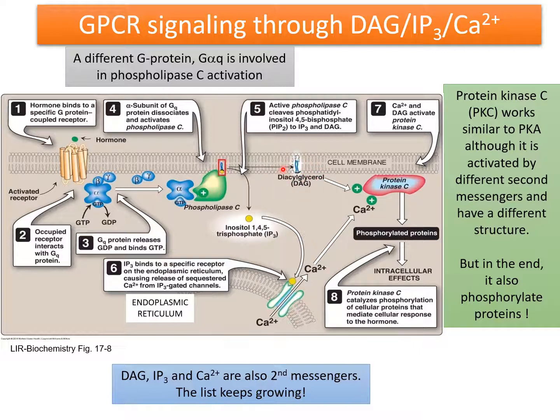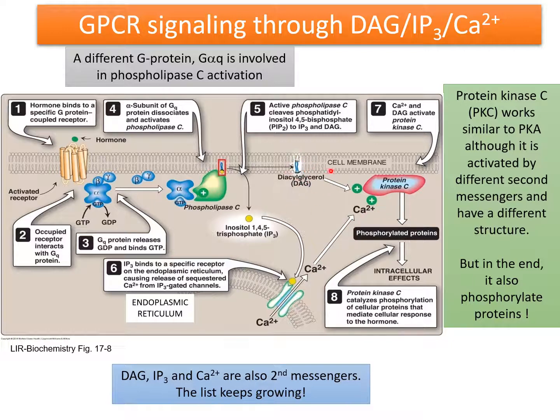That's another important factor: DAG will be retained. Inositol 1,4,5-trisphosphate will then go to the endoplasmic reticulum to bind to a calcium channel, and then it'll release calcium, which elicits a cellular response.